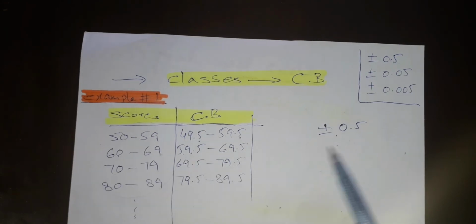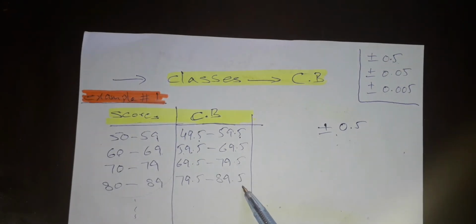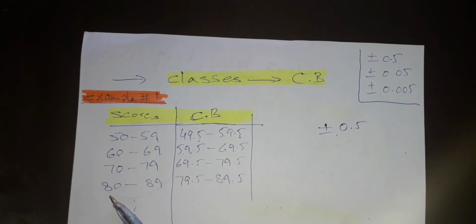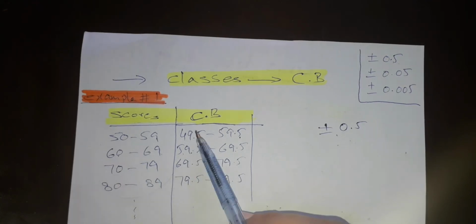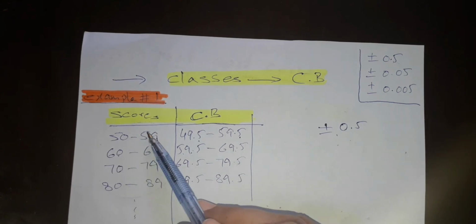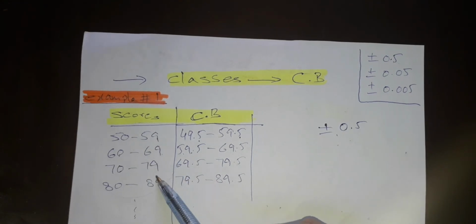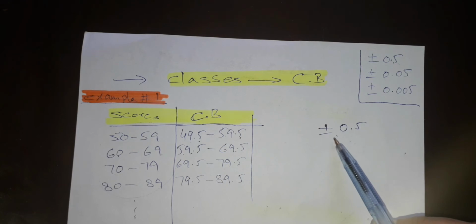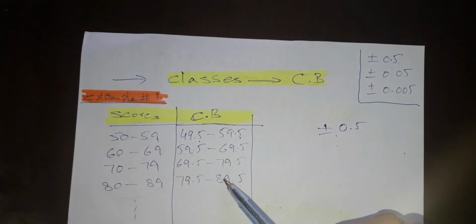And 89 plus 0.5, we get 89.5. It means from the lower value we subtract 0.5, and to the upper values we add 0.5, and we get these results.